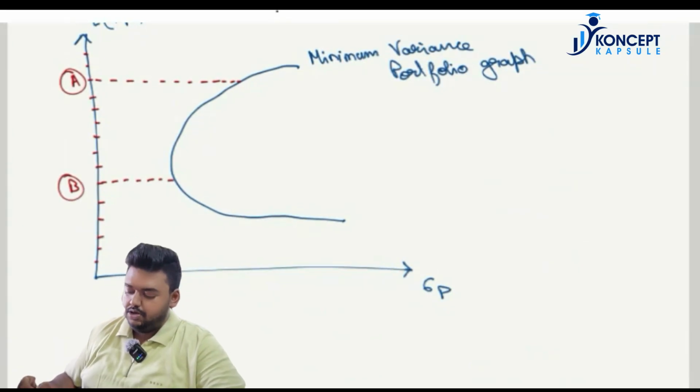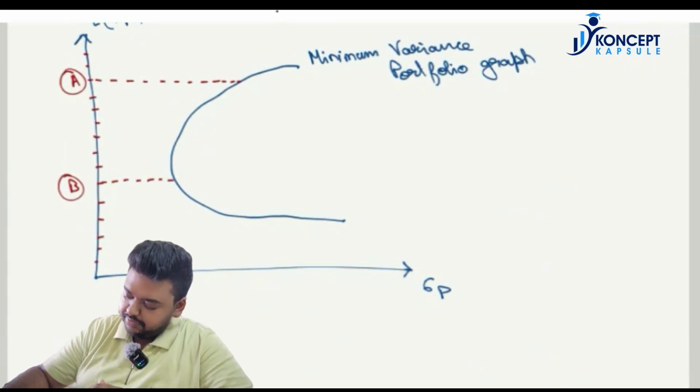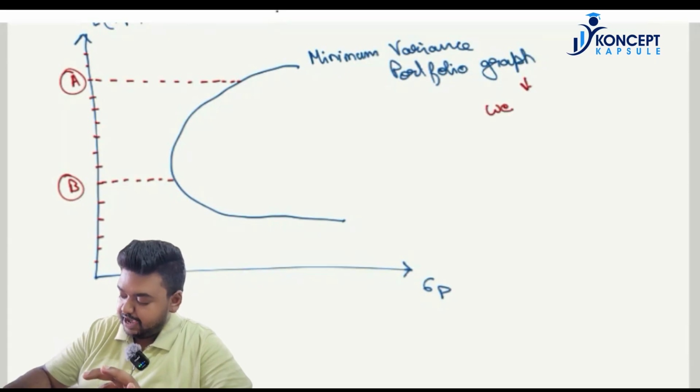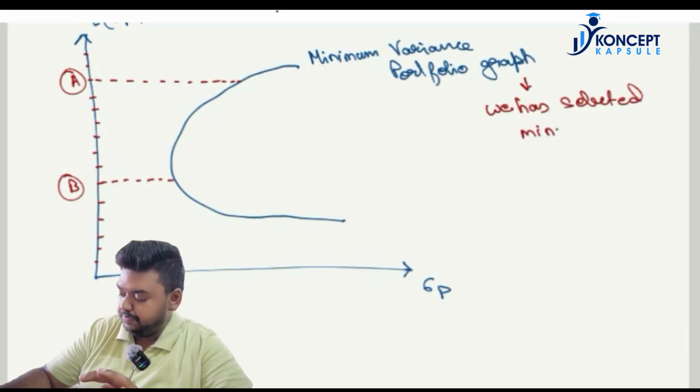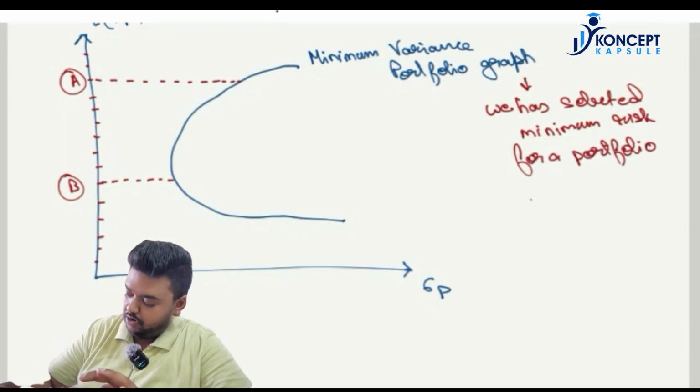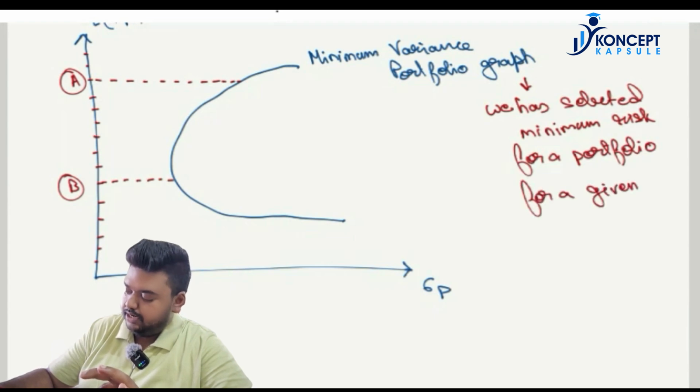Why? The reason for this is that we have selected minimum risk for a portfolio for a given return expectation.